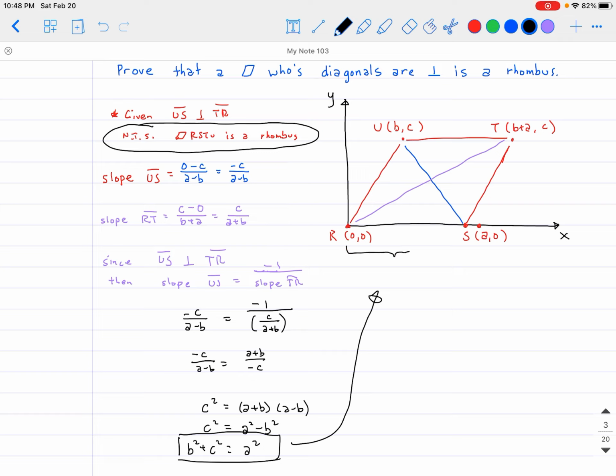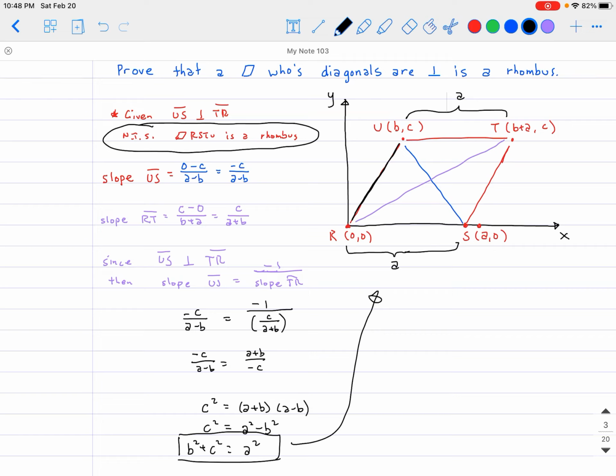I can definitely see that this length right here is equal to A, using the distance formula, and because it's horizontal, you can see how that works. And over here, we said earlier, that's also equal to A because it's exactly the same thing. Now, the question is, what is this length over here, which is going to be RU?